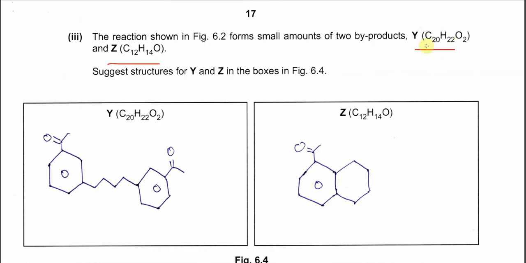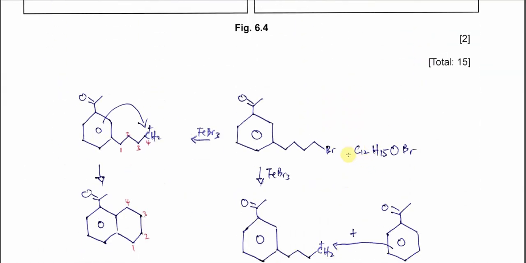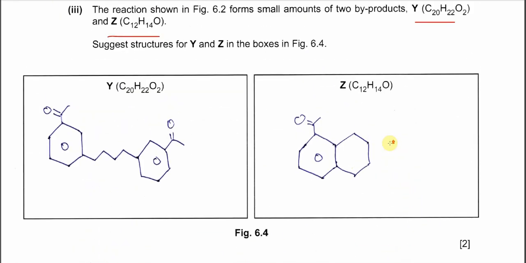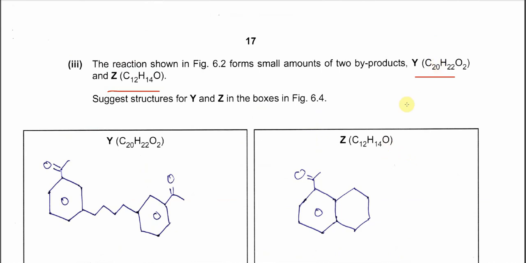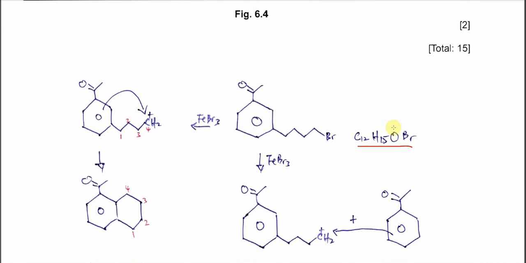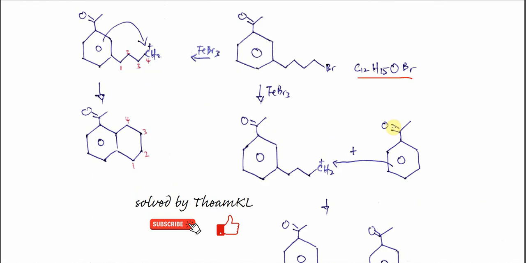From the molecular formula, we know that the size increased, because the product in the previous part is just C12H15OBr, and now it has increased by 8 carbons: 1, 2, 3, 4, 5, 6, 7, 8.